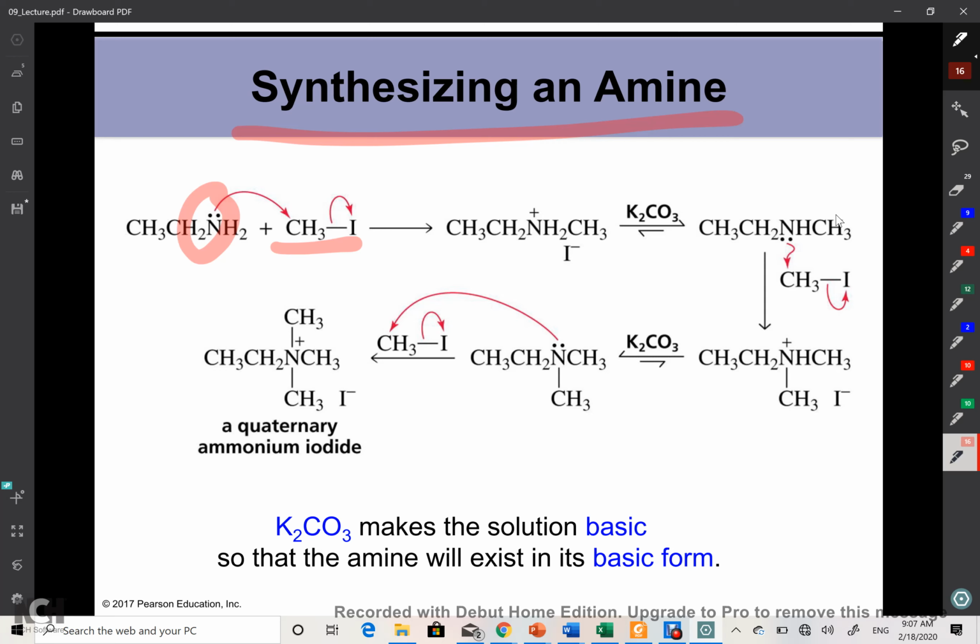Then you use the base. The job of the base is to remove one of the hydrogens, so that you can create another amine. The amine again can undergo another SN2. The base removes the extra hydrogen, and then the amine again can undergo an SN2 until there's no longer hydrogen to remove. The reaction stops. So you can just keep going like that to the end.